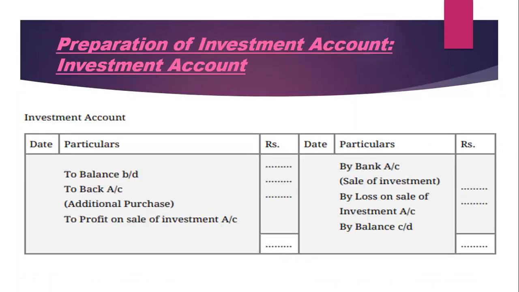Investment account. Here also there are the opening and closing balances. That means the investment at the beginning of the year and end of the year will be shown. Whether it is purchased or sold, that should be mentioned here and maintained, and the difference amount should be taken to the investing activity.